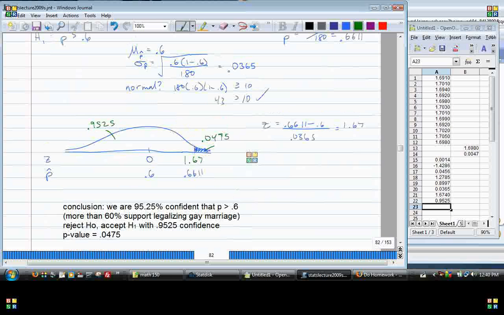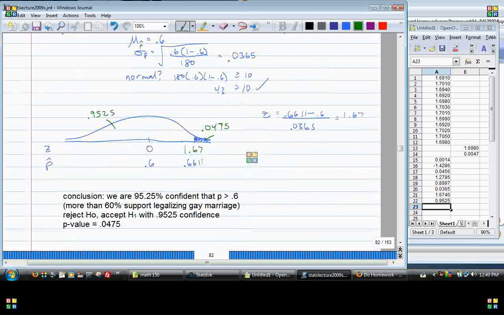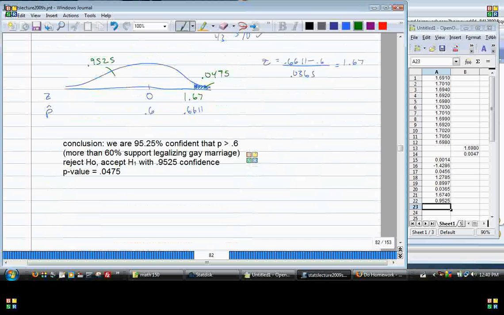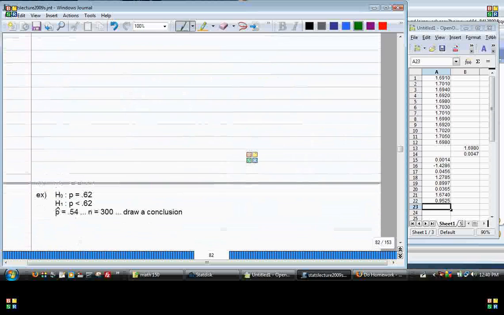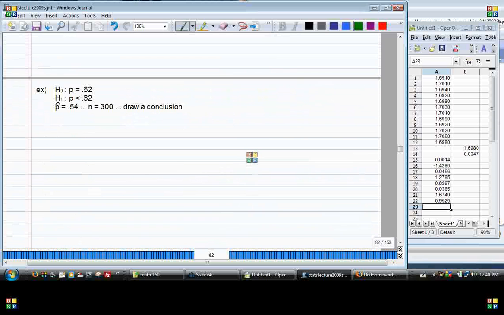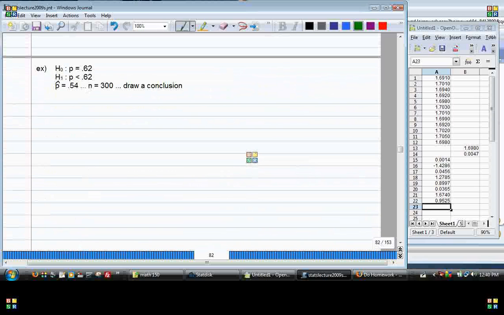Alright, so we've got like 1 minute left. So give you something even a little bit easier. Work through this problem. So how do you do this problem? What's the first thing that you do? Normally you'd write down your hypotheses first, but guess what?